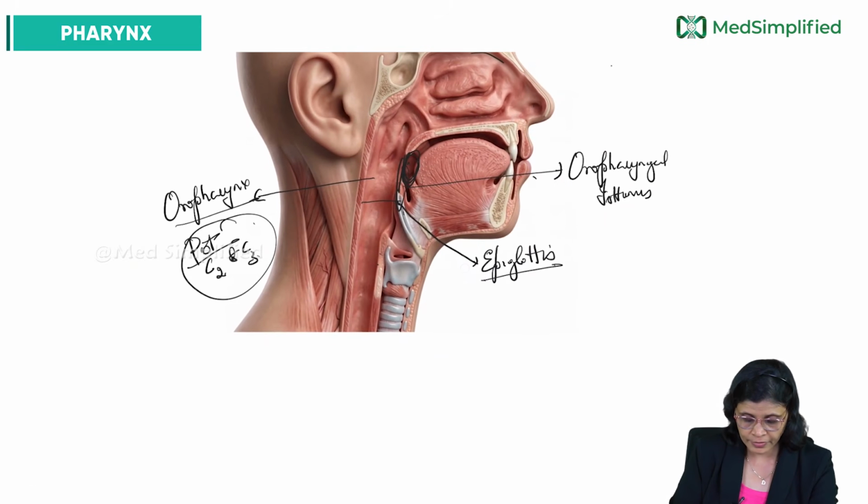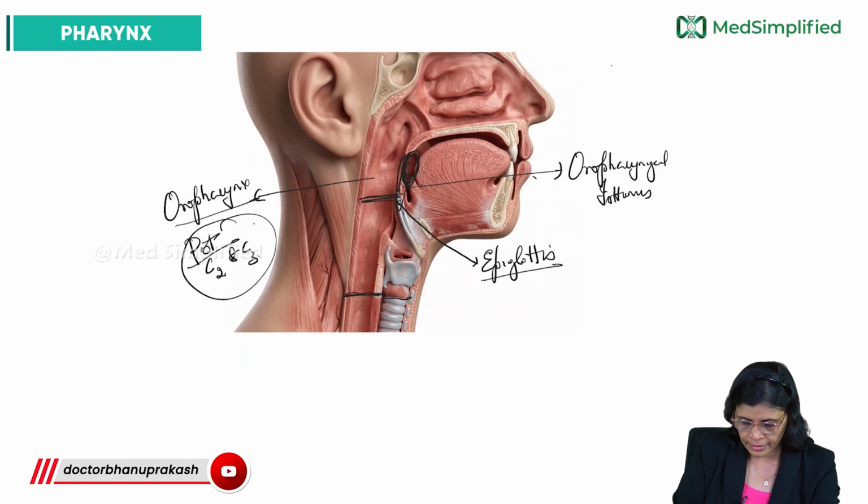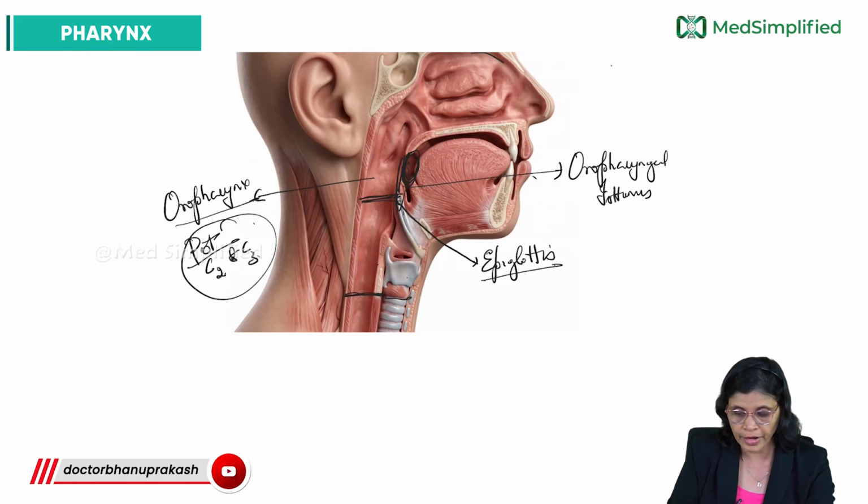The laryngopharynx, otherwise also called the hypopharynx, extends from the upper border of the epiglottis up to the lower border of the cricoid cartilage. This is the thyroid cartilage, and the first cartilage below it is the cricoid cartilage. Up to this level we have the laryngopharynx.